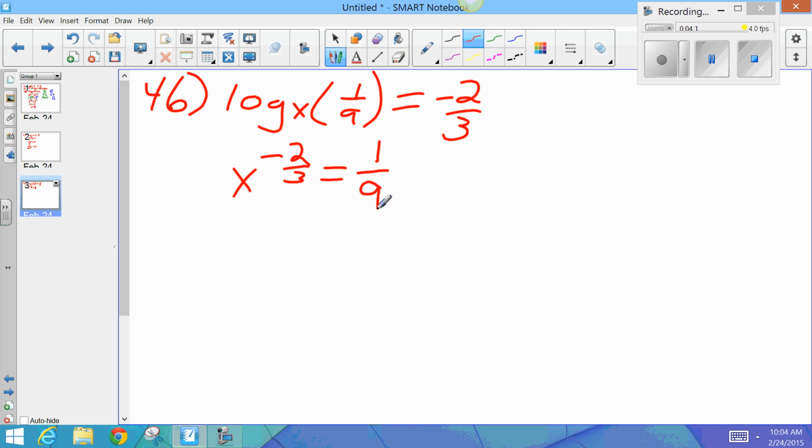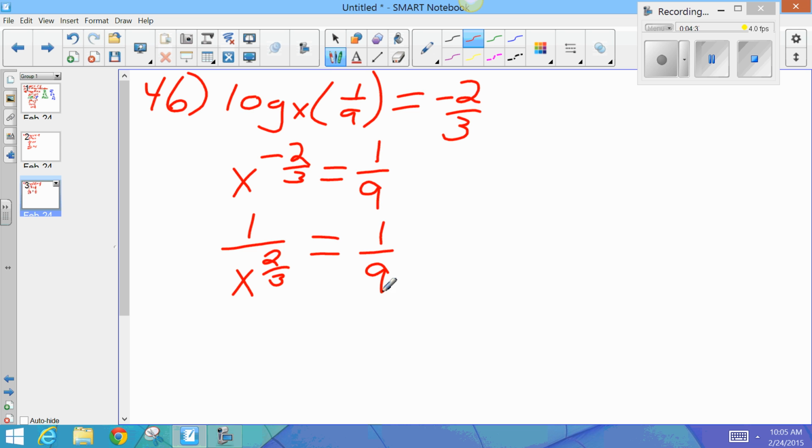All right, and I want to solve for x, okay? Let me simplify the left-hand side because the exponent is negative. I'm going to take the reciprocal. Okay, and that makes the exponent positive.